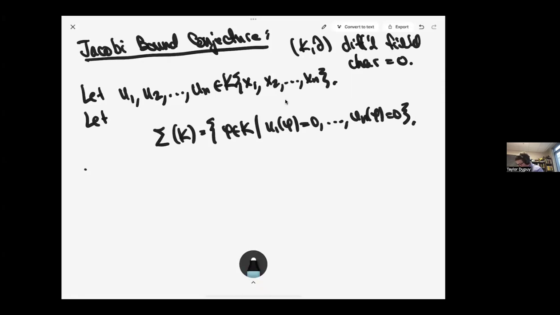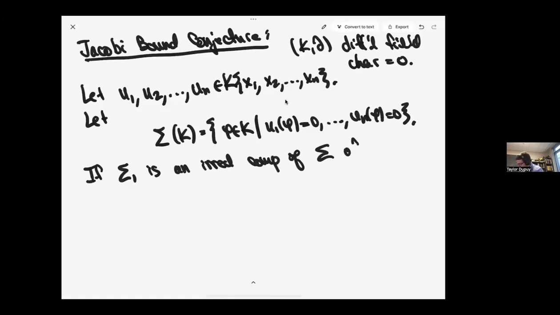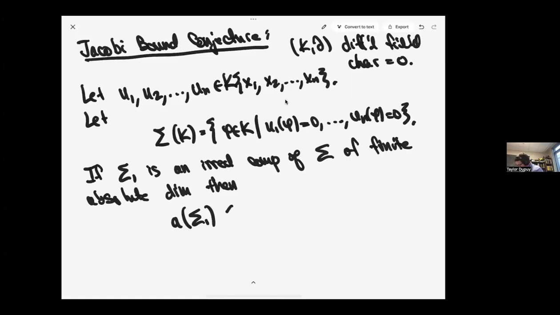Then we also suppose some finiteness hypothesis. So we say that if sigma 1 is an irreducible component of sigma of finite absolute dimension, then the absolute dimension here, kind of the intersection number of these things, is going to be less than or equal to the Jacobi bound.